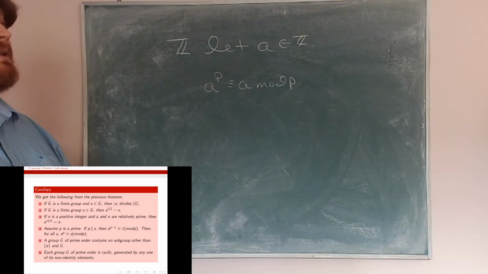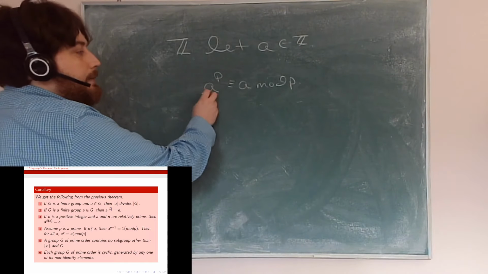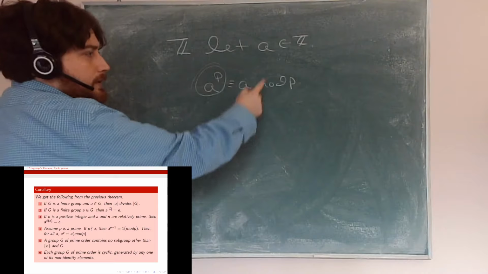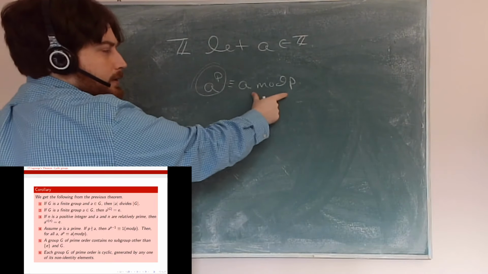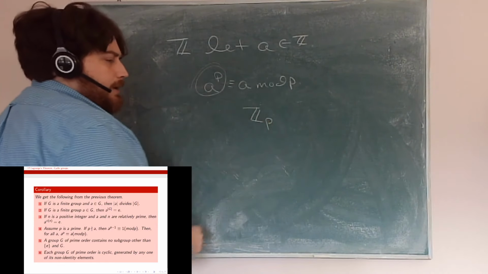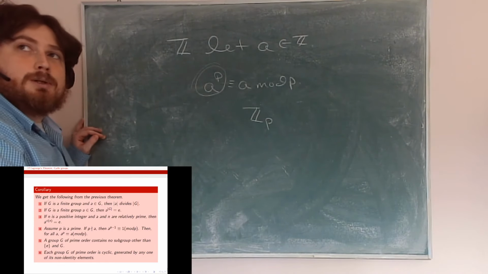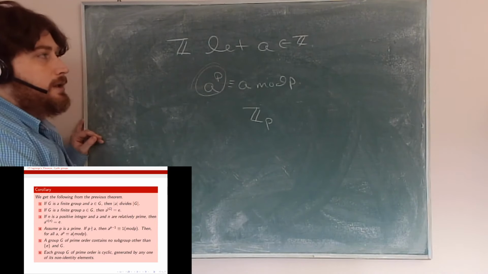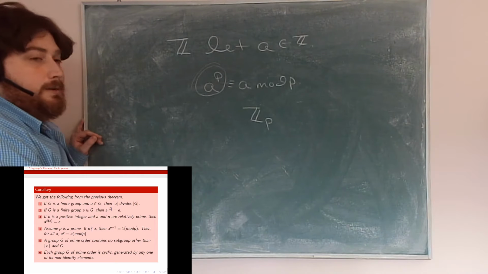All right, let's think about the context of what's going on here. If I'm looking at things of the form A to the K for an integer K, and I want to know what happens mod P, what I can really do is look at Z sub P. So I'm going to do a roundabout talk here, and say, what does Z sub P look like? Or what do the integers mod P look like?